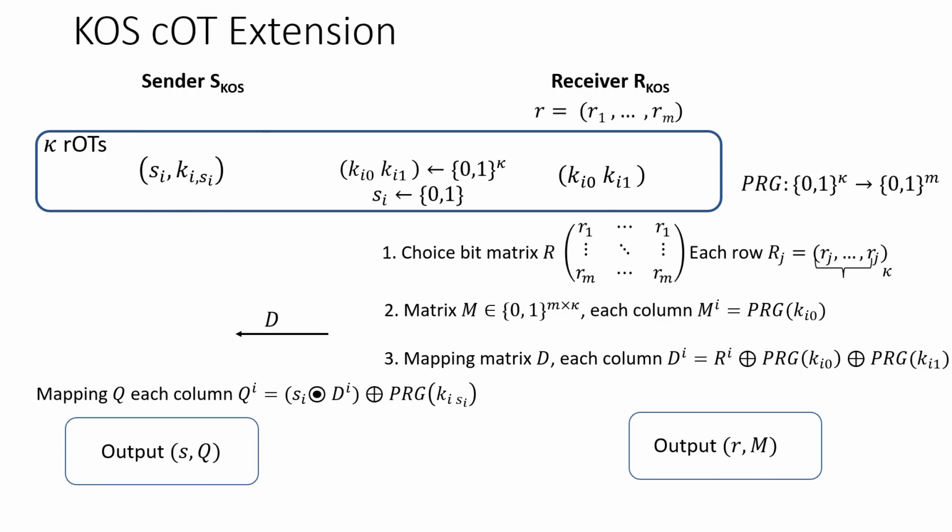So here, if the sender outputs S and Q and the receiver outputs R and M, we see that this is indeed the output we wanted from the correlated OT. So the rows of Q and the rows of M are correlated this way.